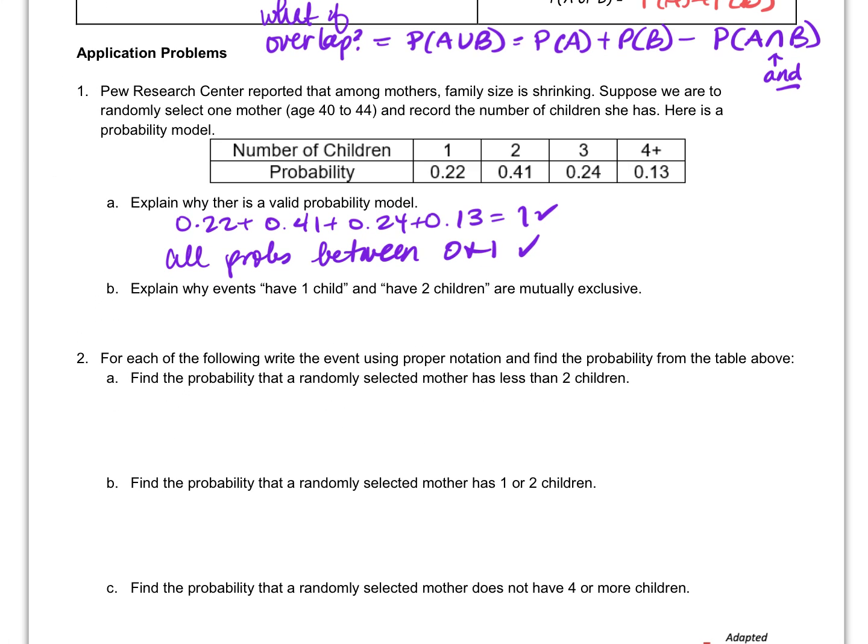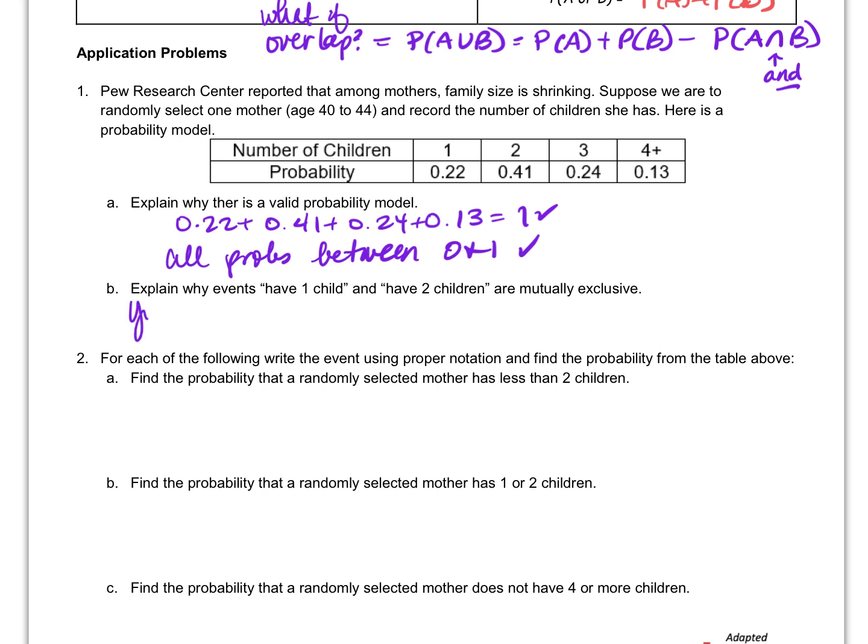All right, so look at B. Explain why the events have one child and have two children are mutually exclusive. You can't have two children and only have one, right? It's just not possible, right? So you know this, it's just putting words together.